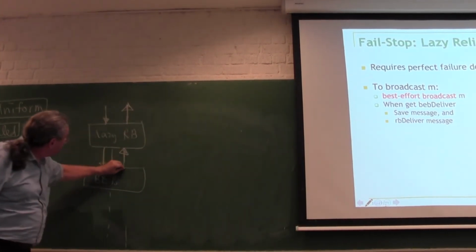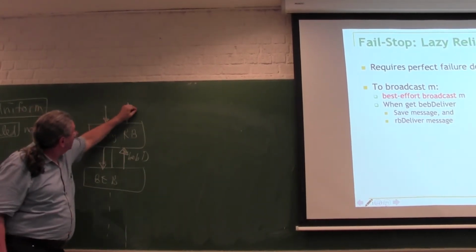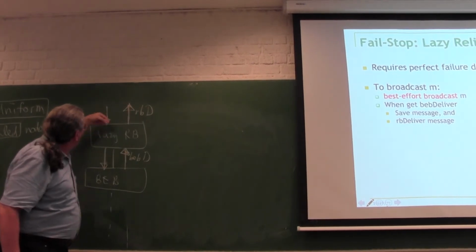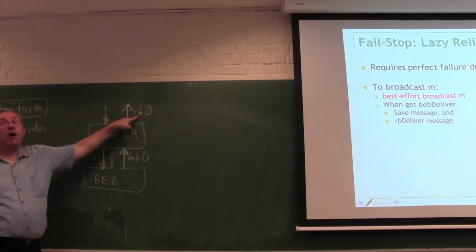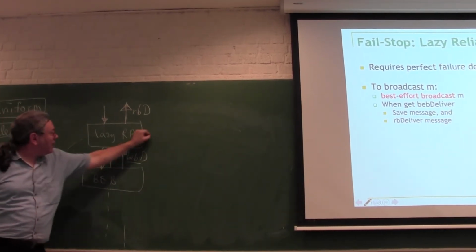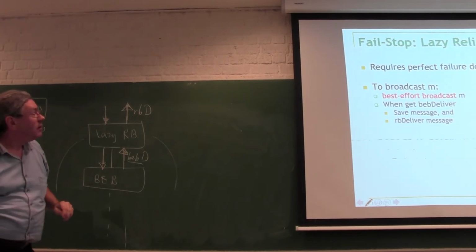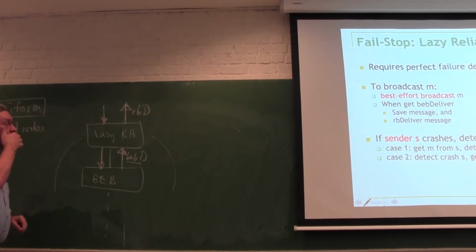BEB deliver means this message, and reliable deliver means this one. So what the actual application wants is RB, whereas BEB is just part of the implementation. All of this is part of the implementation, huh? Okay?